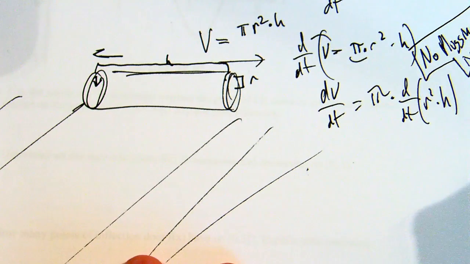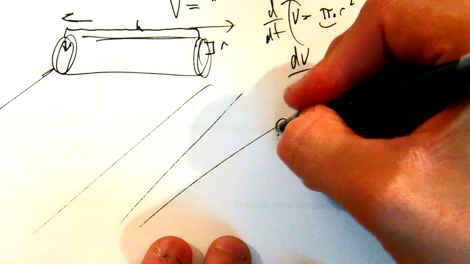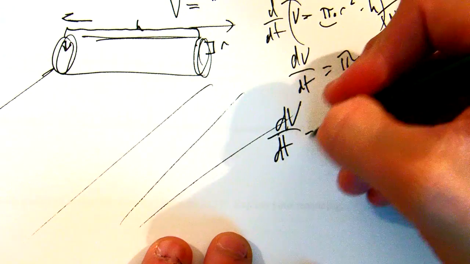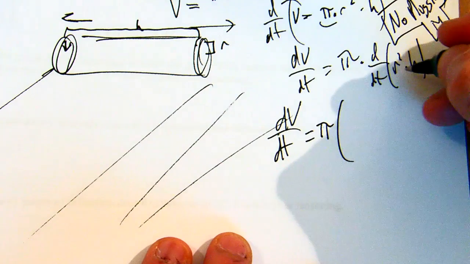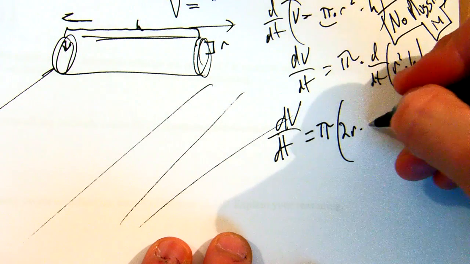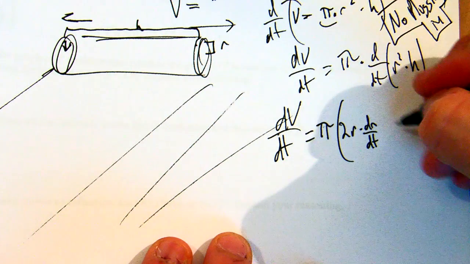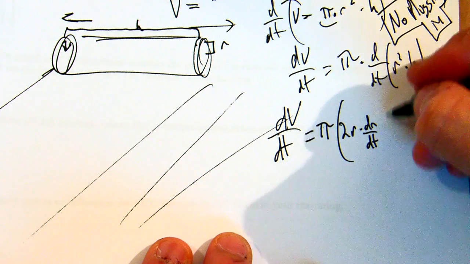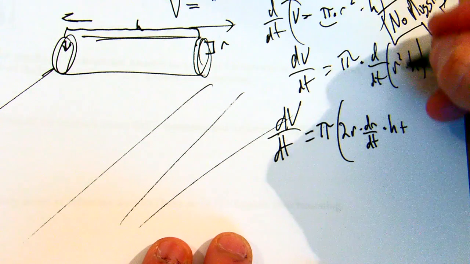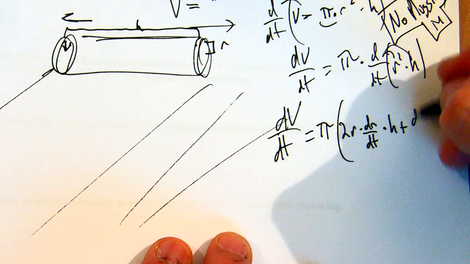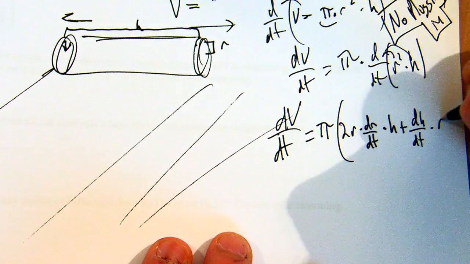But what we can do is differentiate them, and we're going to use the product rule. So dV/dt is pi times the derivative of the first, 2r times dr/dt, times the second, plus the derivative of the second, which is dh/dt, times the first.